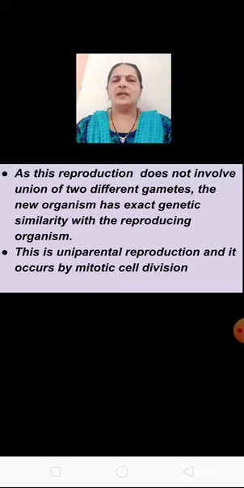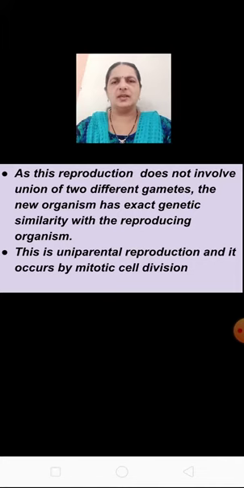As this reproduction does not involve the union of two gametes, the new organism has exact genetic similarity with the reproducing organism. That means the parent and the offspring will look similar. There are no genetic differences.